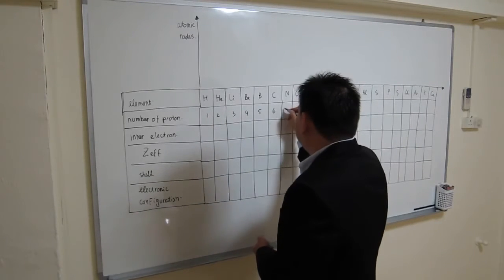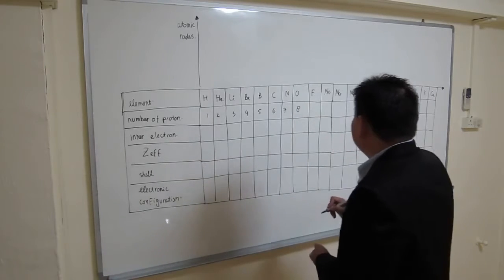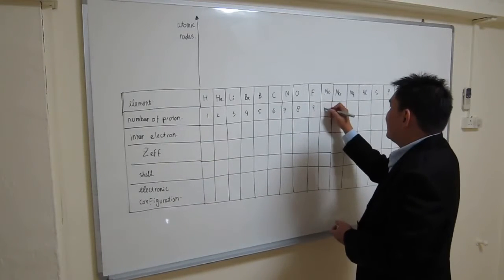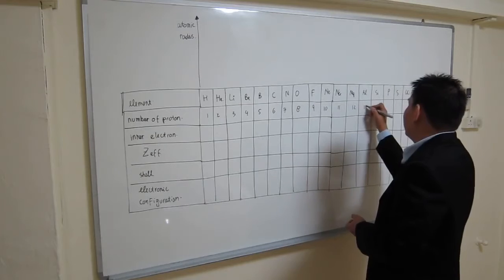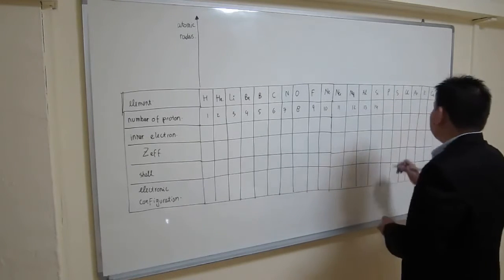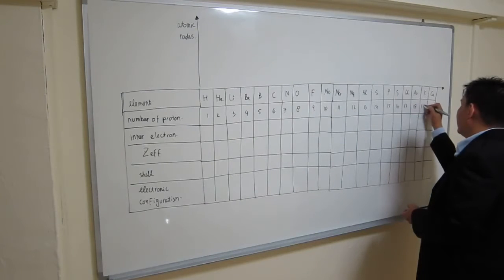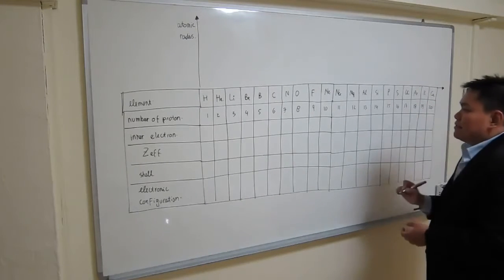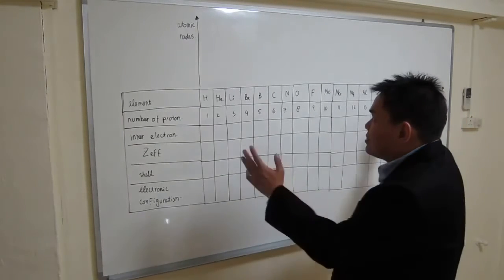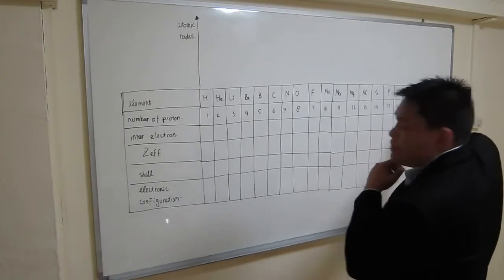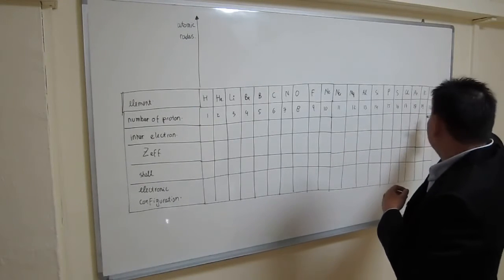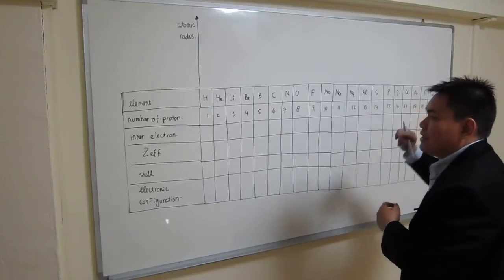It is in sequence: 9, 10, 11, 12, 13, 14, 15, 16, 17, 18, 19, and 20. So we draw the trend in atomic radius all the way until calcium, proton number 20.